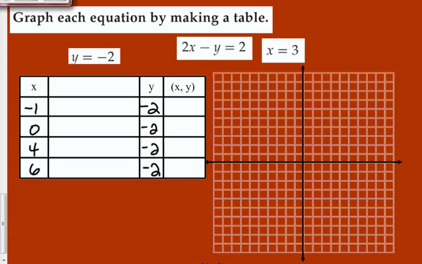So when we graph these, go to the -2 on y, and we'll say x is -1, y is -2, x is 0, y is -2, when x is 4, y is -2, when x is 6, y is -2. It's just saying that the line will cross the y-axis at -2, and it will be a horizontal line. X equals 3 is vertical, y equals -2 is horizontal, and they are straight.